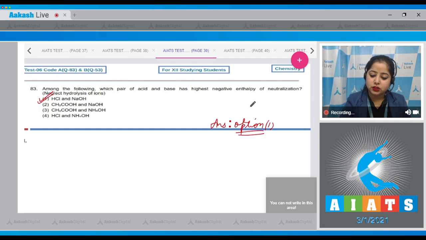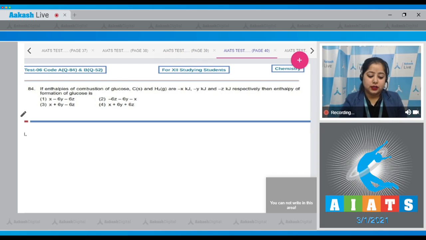Moving to the next question, which is 84. Let's read it. If enthalpies of combustion of glucose, carbon and H2 are minus x kilojoule, minus y kilojoule and minus z kilojoule respectively, then the enthalpy of formation of glucose is. Students, first of all, I'm writing the reactions of enthalpy of combustion of carbon, hydrogen and glucose. So first, let's start with combustion of carbon.